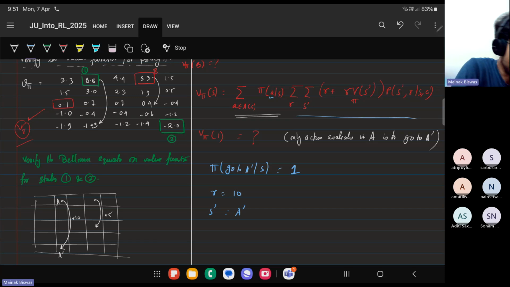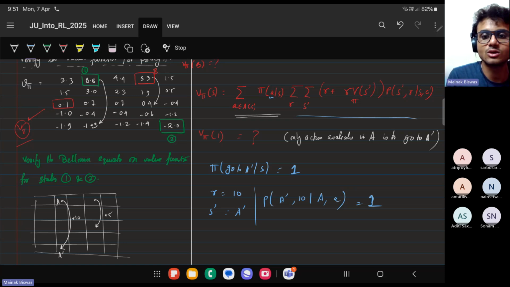Fine. So therefore, probability of A prime, 10 given A and whatever action you choose, small a, is just 1. Rest all the probabilities are going to be 0. So therefore, can you tell me what this value is going to be?